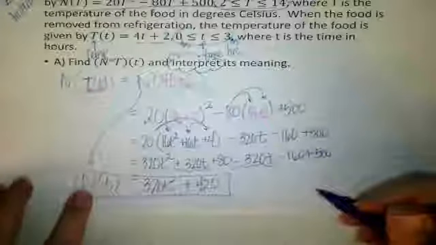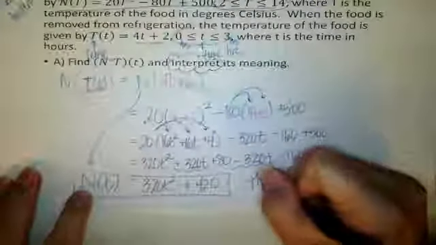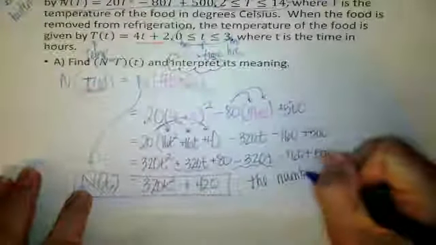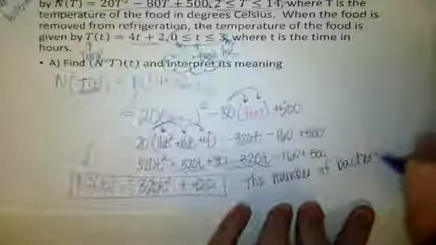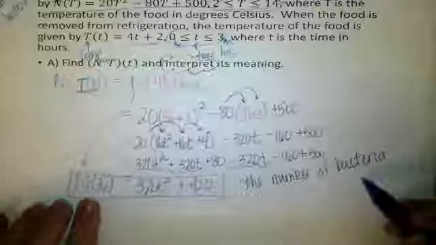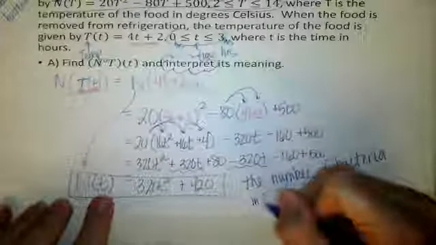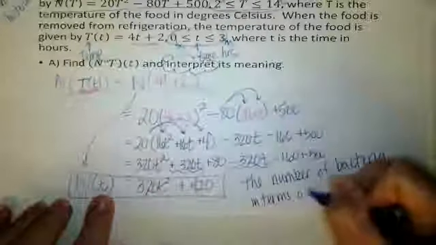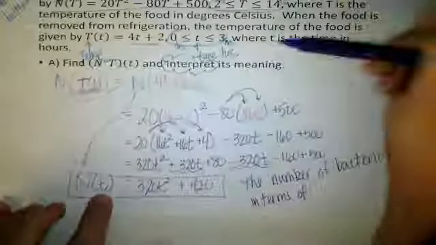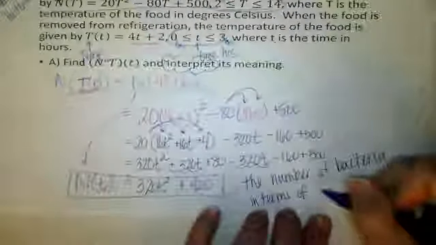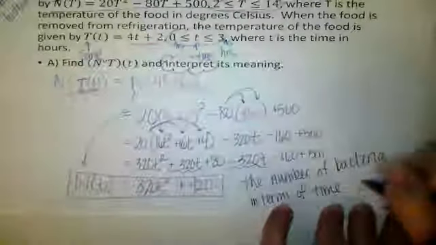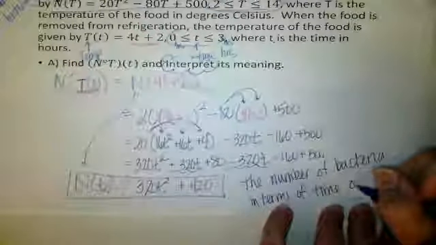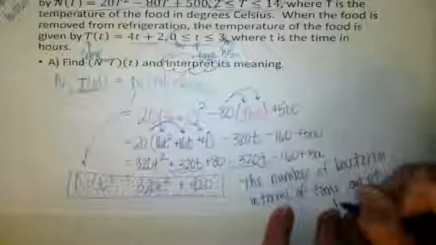What does n represent? The number of bacteria. In terms of t, in terms of time out of refrigeration, I guess.